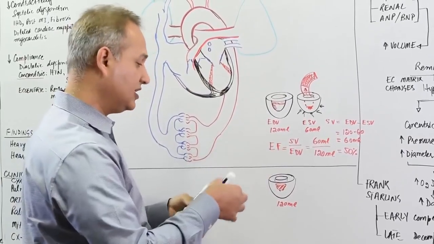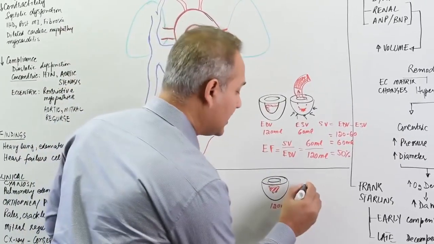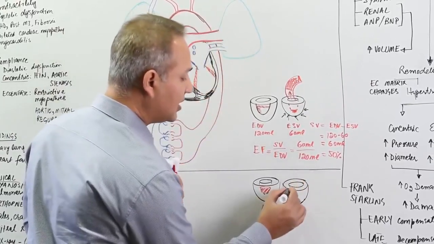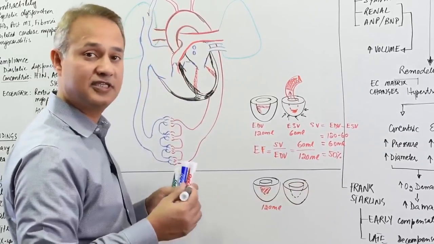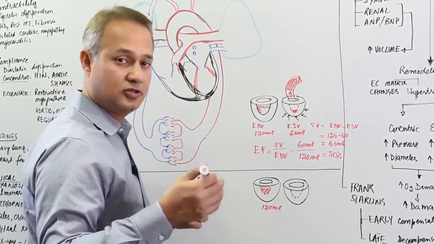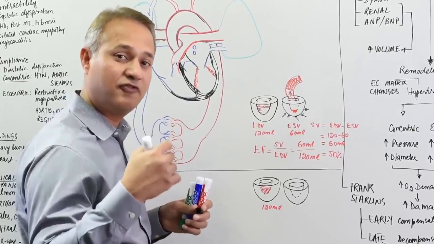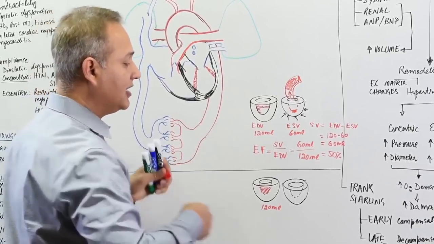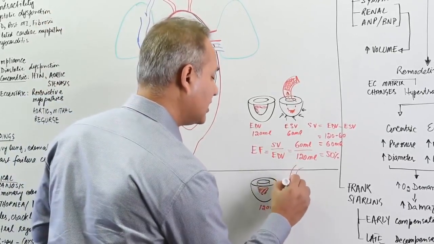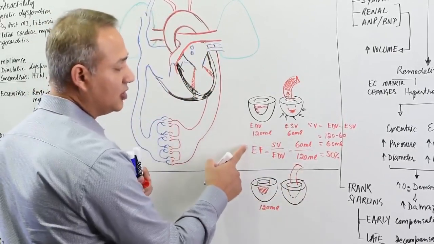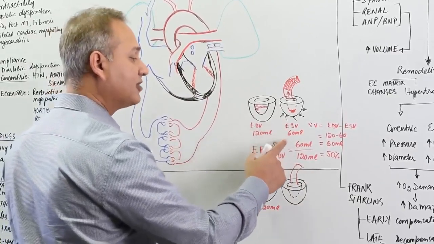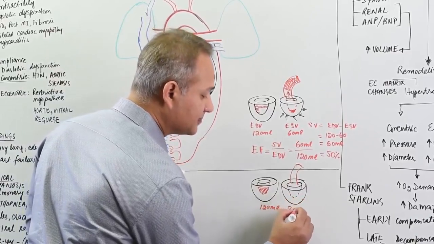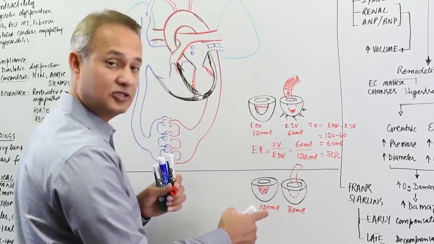Heart undergoes the systole and heart is damaged. This heart is damaged for some reason. For example, there is ischemic heart disease, or there is ischemia of the heart, ischemic damage, or there is infarctive damage. So this heart is damaged. Now, instead of, let's say in this normal heart, 60 milliliters was left, this time what is left is, let's say, 80 milliliters end systolic volume.